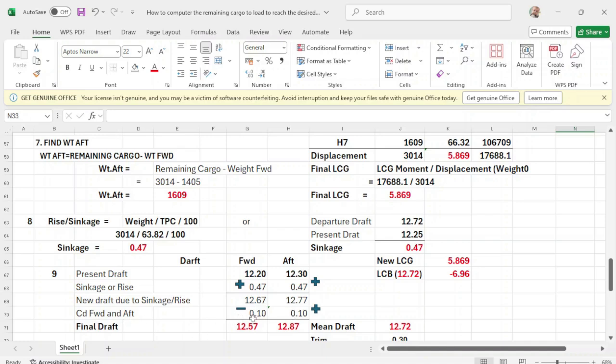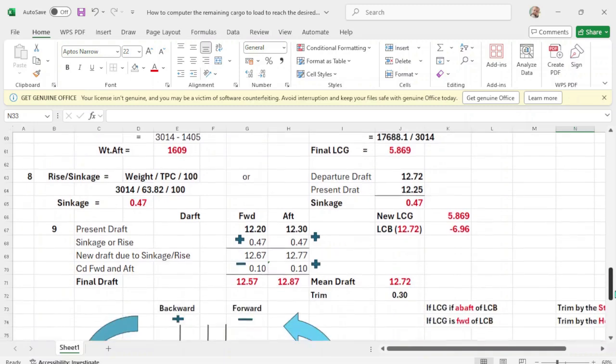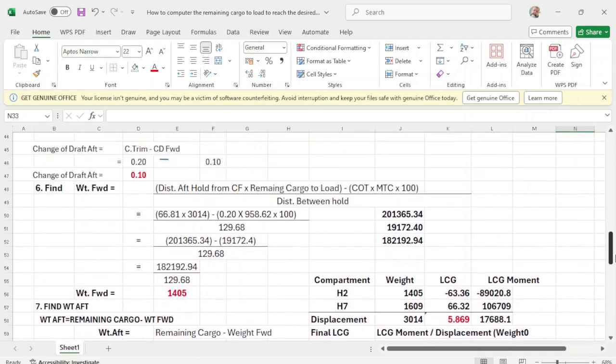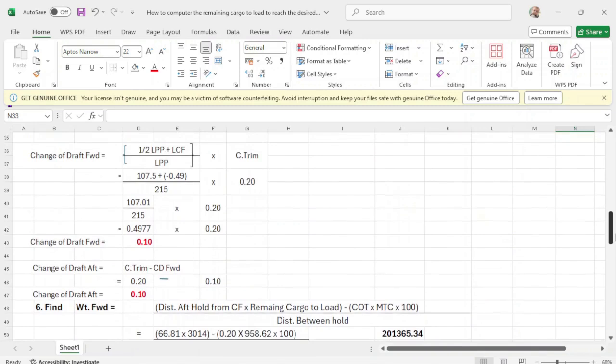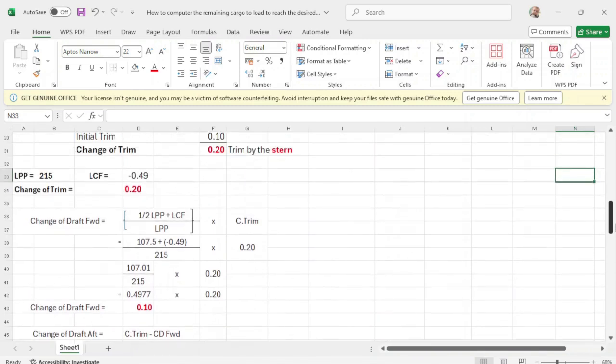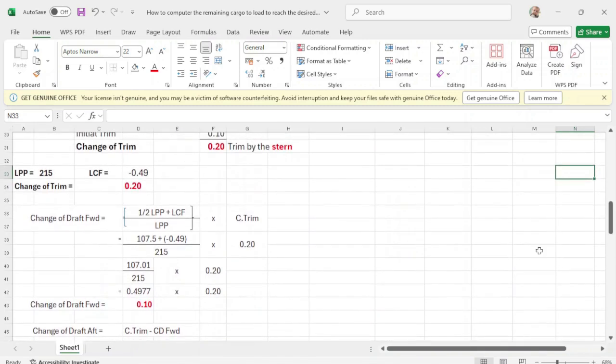The change of drop forward and up. How do you get the change of drop forward? This is the formula.